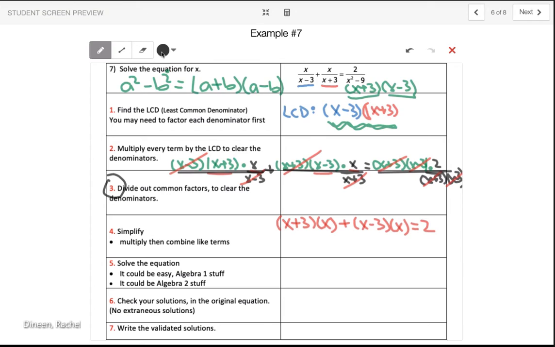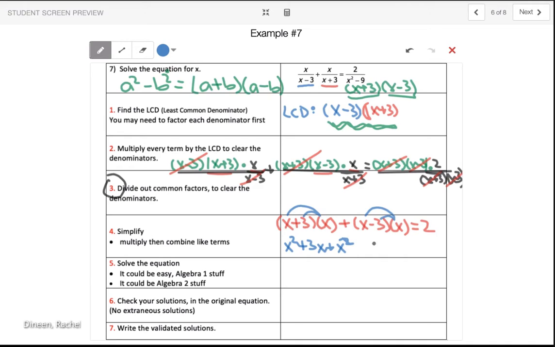All right, now I'm going to simplify by distributing, multiplying, and combining like terms. So x times x is x squared. X times 3 is 3x. X times x is x squared.